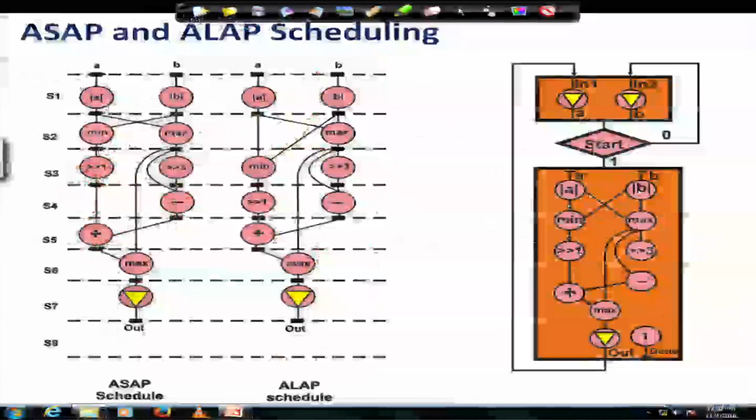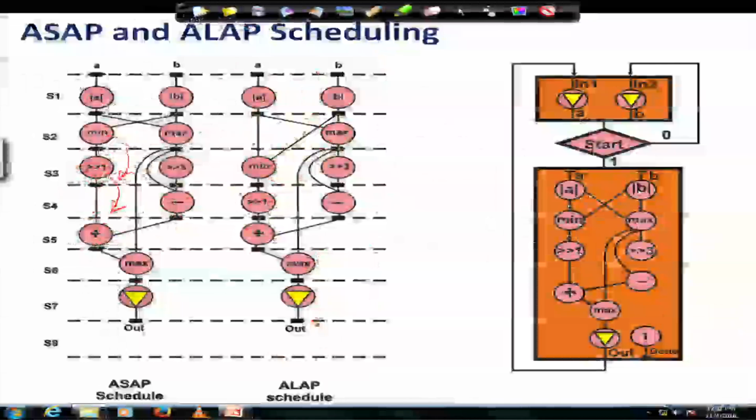The shifting is required in order to make plus possible, therefore I shift this by 1 to this position. Consequently, min, whose responsibility is just to feed shifting, can also be shifted down, and this is the as late as possible schedule.